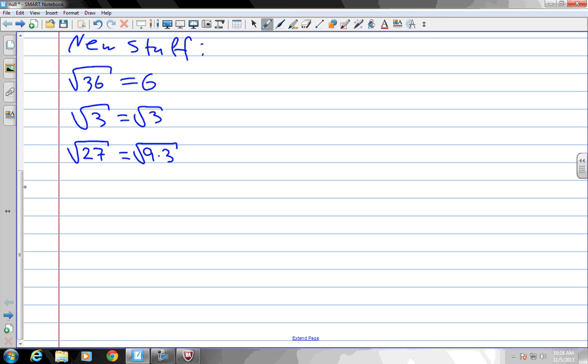And by the properties of the square roots, I can rewrite this as the square root of 9 times the square root of 3, which becomes 3 square roots of 3. So we can simplify radicals by extracting a perfect square out of them. Of course, you're not going to take that many steps. You're just going to say, well, 27 is 9 times 3, and the square root of 9 is 3. So this is really an unnecessary step right there. But do you see what just happened?